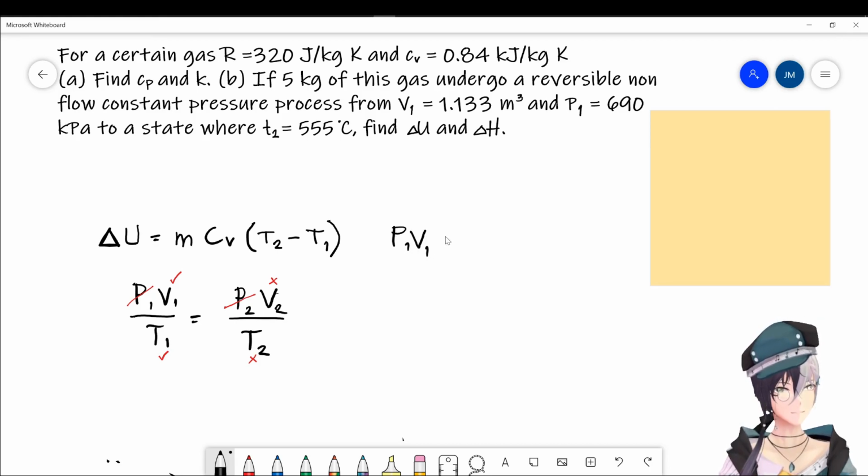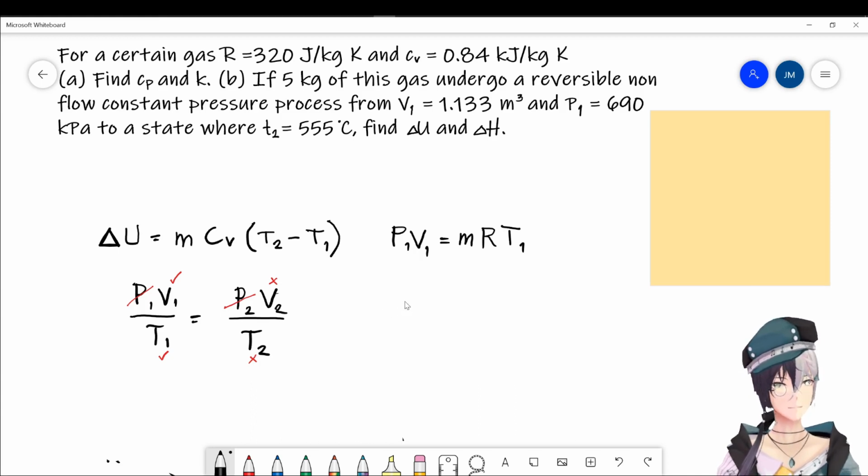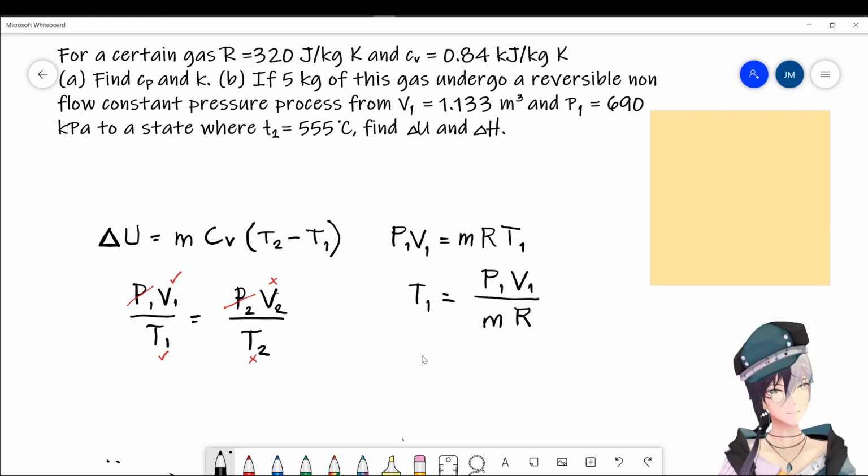Okay, so pressure 1, volume 1 equals nRT, temperature 1. So solving for temperature 1: pressure 1, volume 1 over nR.